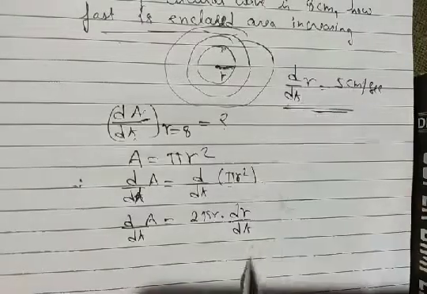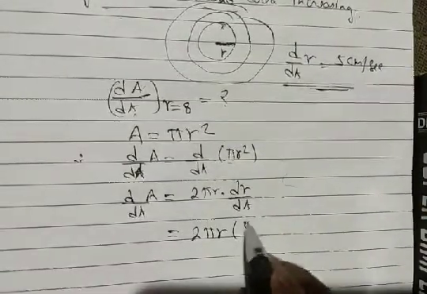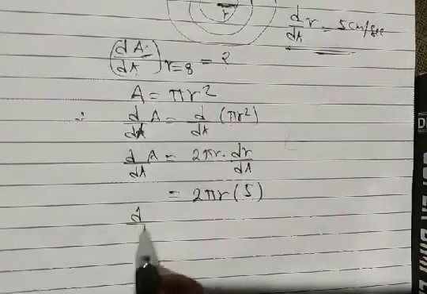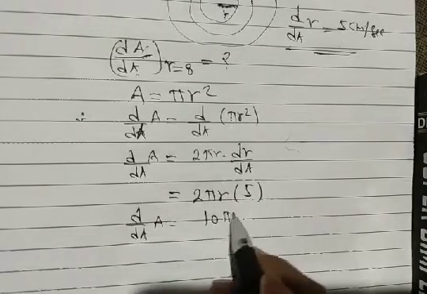What is the value of dr/dt? It's 5. Putting the value, dA/dt is given by 10 pi r.